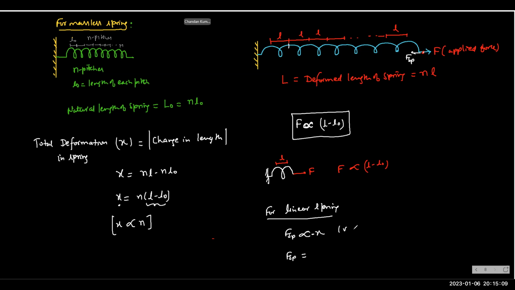Now this is the vector expression. Because it's one dimension, I'm not putting the arrow sign, because in one dimension the plus or minus is sufficient to take care of the vector nature. So we write F_SP equals to some constant, and this constant we call a constant of proportionality, but it is also called the spring constant.